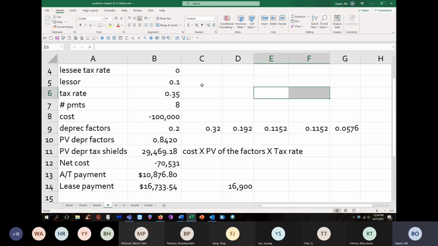So let's do the analysis first from the perspective of the lessor. And we have a 10% borrowing rate. We have a 35% tax rate. This deals with 8 payments, 100,000 cost, and we're going to have this initially. Well, that's for this problem.